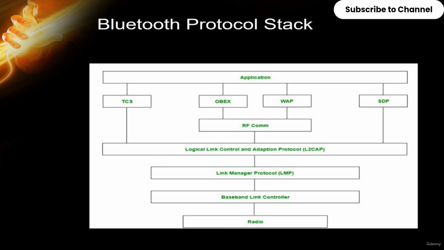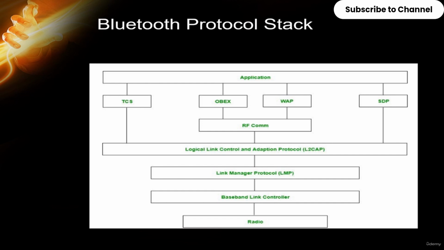Then the next is the RFCOMM layer. In this layer, the protocol replaces the cable. Here the RF communication uses OBEX or WAP for the serial interface.